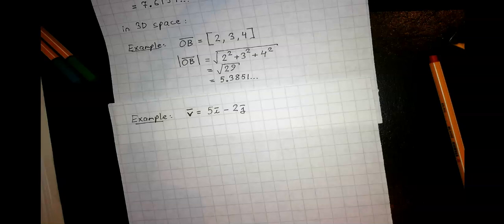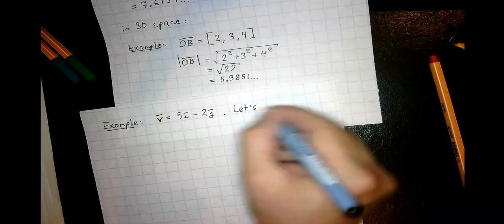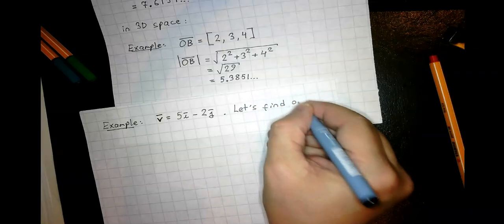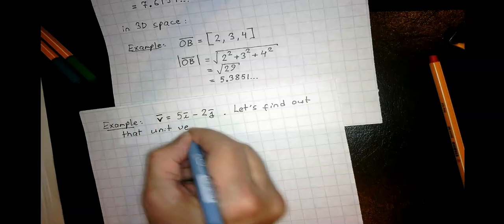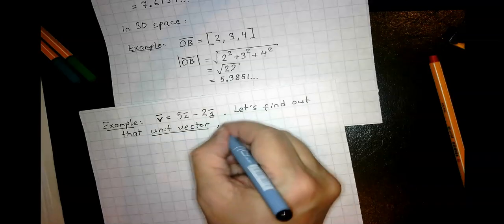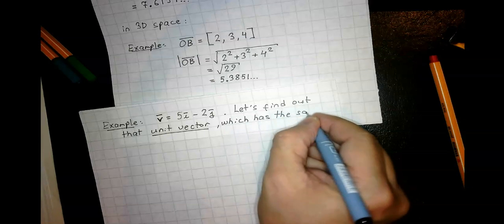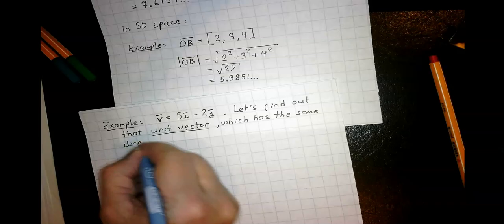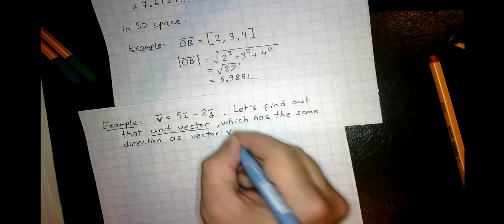And now I want to calculate the unit vector which has the direction of v. Let's find out that unit vector which has the same direction as vector v.